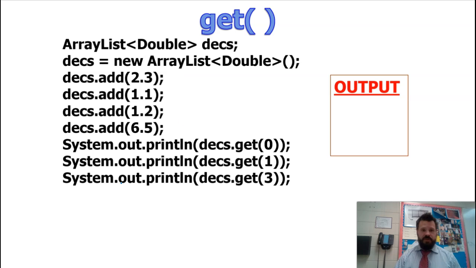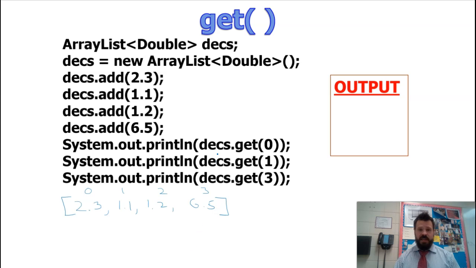And let's call the add method a few times, which is going to fill this array list with some doubles. So 2.3, 1.1, 1.2, and 6.5. With that add method, we're just adding them to the end of the list in order. And we have our indices on these elements, just like we had with simple arrays.